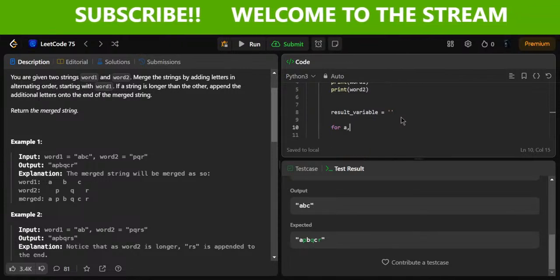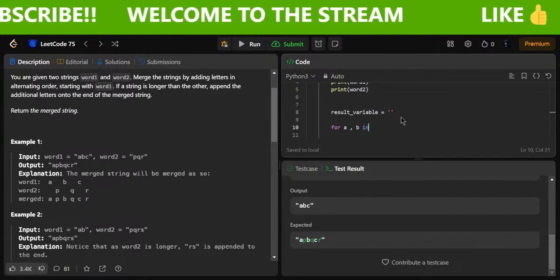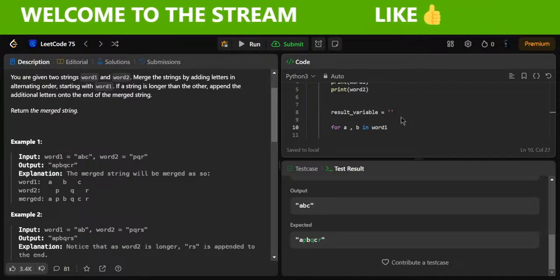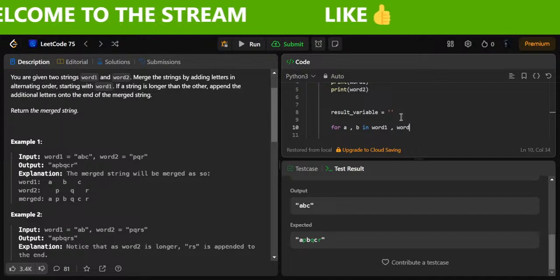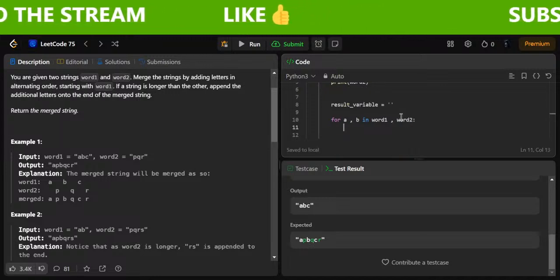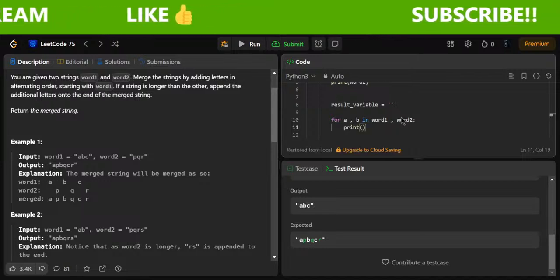I don't know, let me try it out. I think this might work. In word 1, so I never did this. Okay, this is the first time I'm trying it out. I don't know if it will work or give an error.